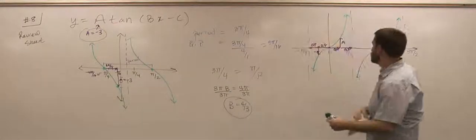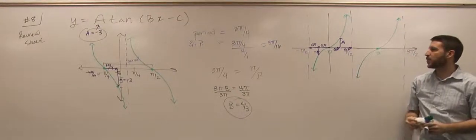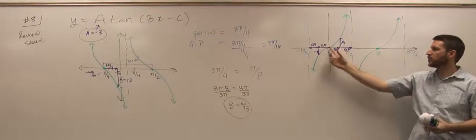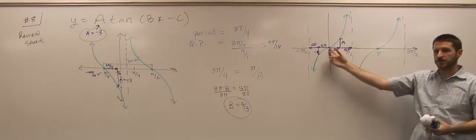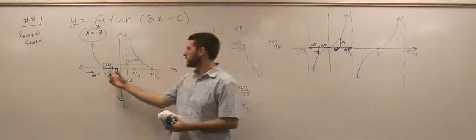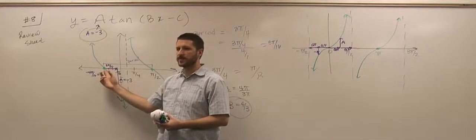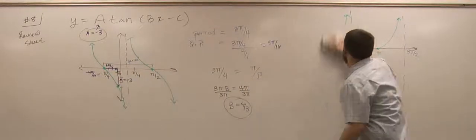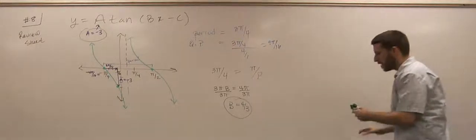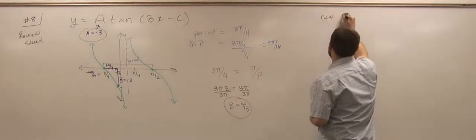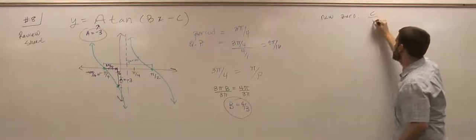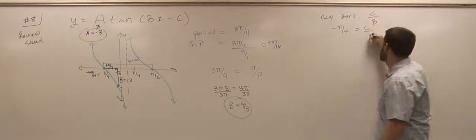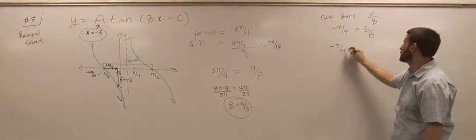And what is C related to in tangent, or in any graph really? C is related to the new 0, right? C over B tells you where this 0 moves. So one way to do this would be to take C over B and set it equal to negative pi over 4, because that's where your 0 is. When graphing tangent, your new 0 is C over B. So in this case, negative pi over 4 should equal C over B. But I know B, because I just calculated it.